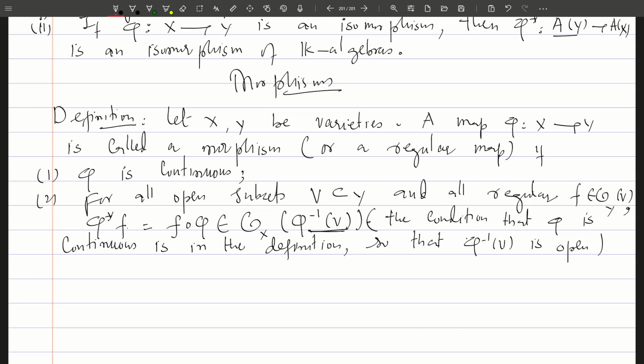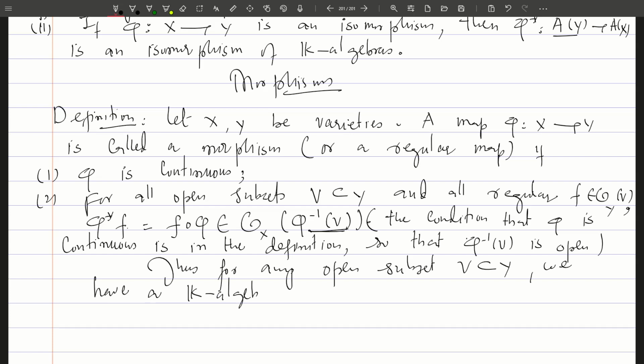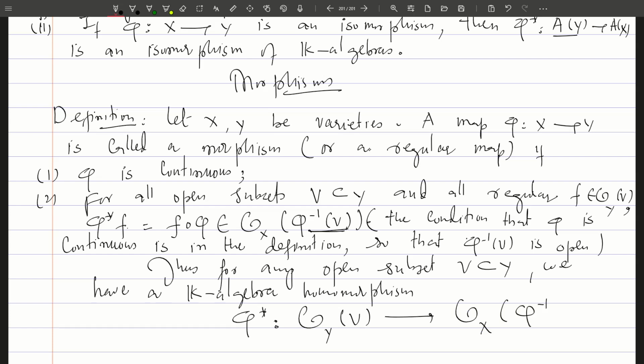So thus, for any open subset V of Y, we have a K-algebra homomorphism, the homomorphism phi star from the ring of regular functions on V to the ring of regular functions on the inverse image of V.